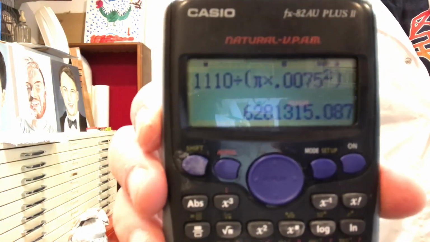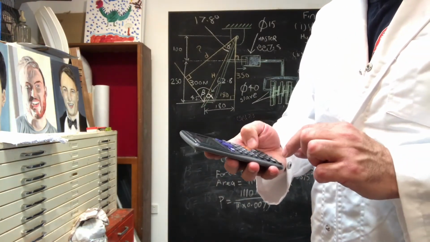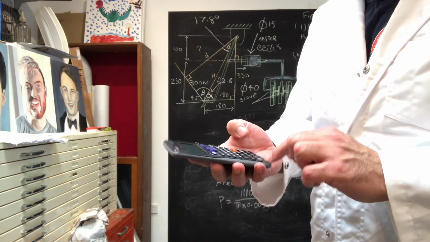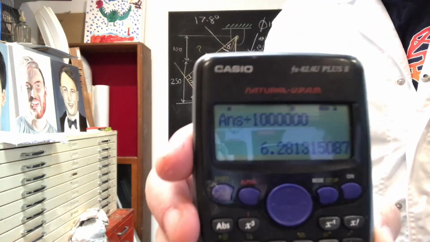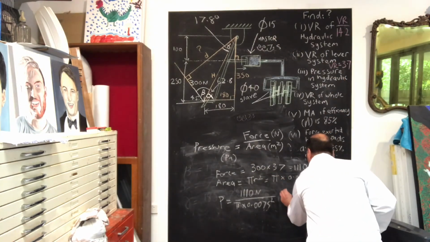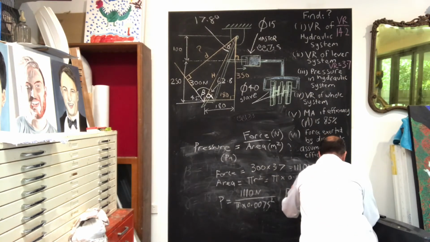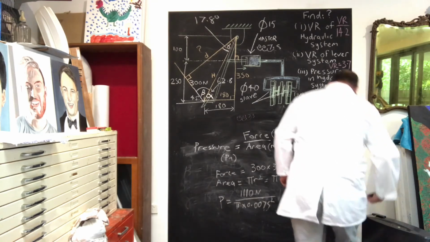Yes. So you could write that down and write pascals after it, but really, that looks like we can divide it by a million, 2, 3, 4, 5, 6, to see if we got megapascals. And when we do that, we end up with 6.28. So we can say P equals 6.28 megapascals, which is a million pascals per megapascal.